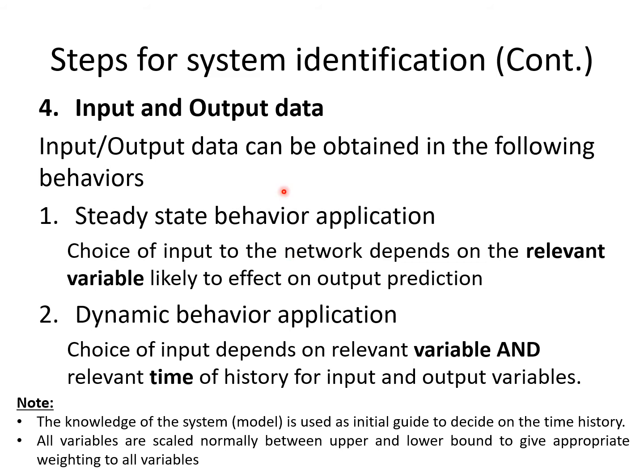If the input data is very big but the other data is small, the big numbers will influence the system, whereas it may not be really true. It's just that the values are big, like the volume, but the concentration is small, though the concentration may be just as important as the volume and other things. So you have to scale them to get a good feeling of how the system really works.